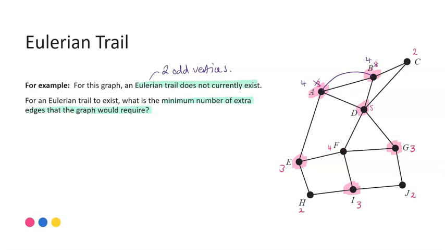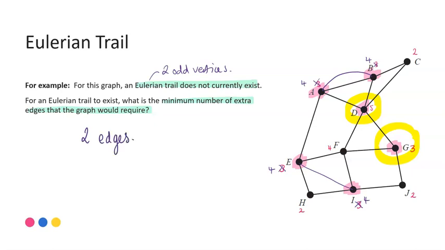Following on from that, I can then also add an edge between E and I. And so again, makes both of those now even vertices. So I'm left with just the 2 odd vertices, which allow me to have a Eulerian trail. So here, the answer to the question, the minimum number of edges, I would need to add 2 edges to this graph.